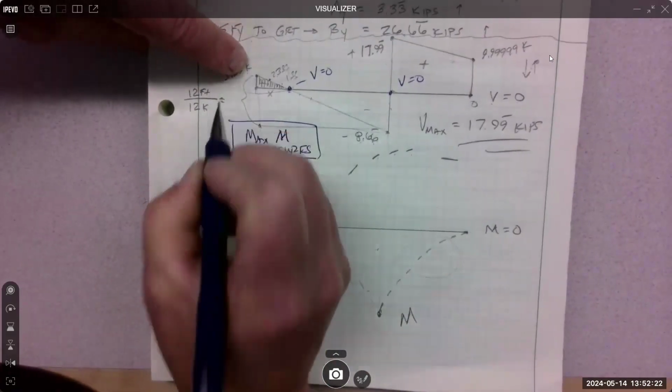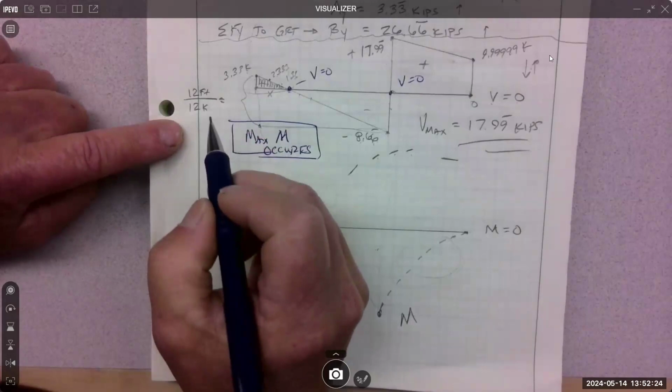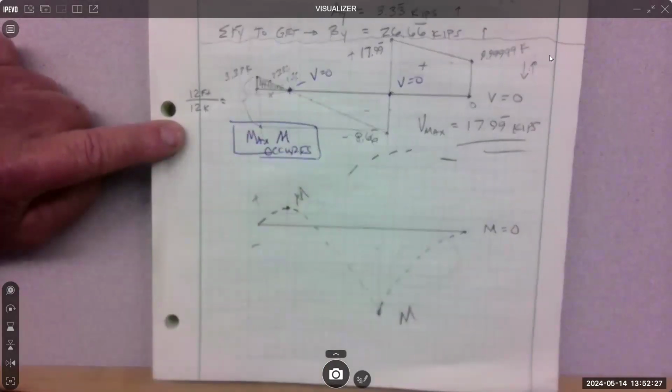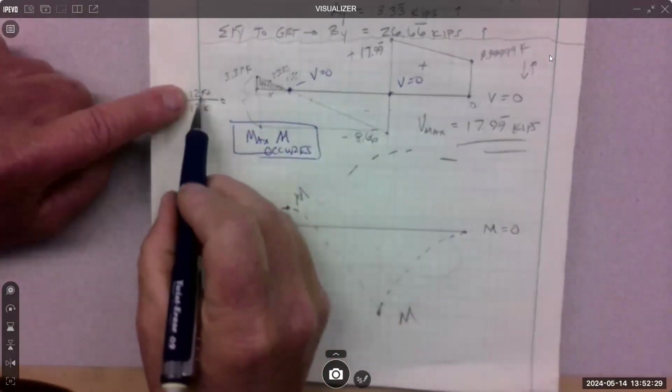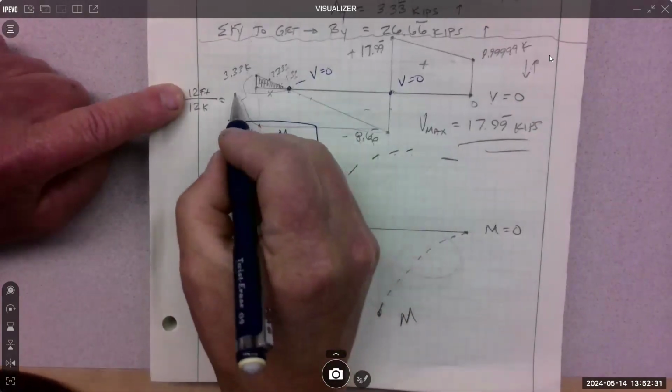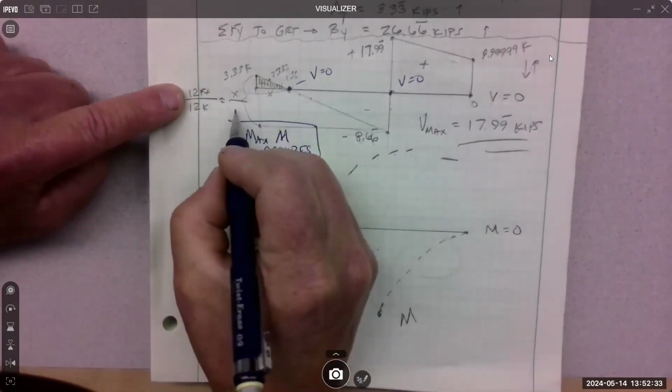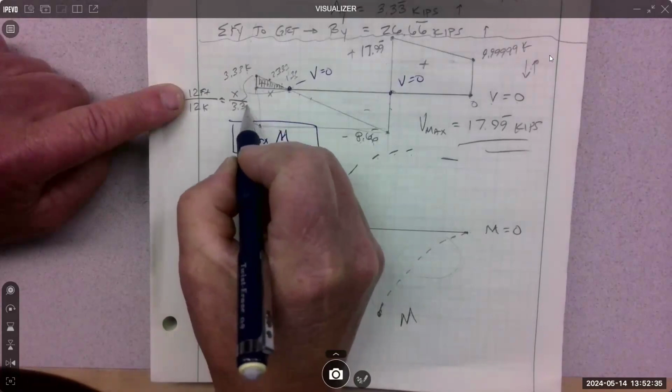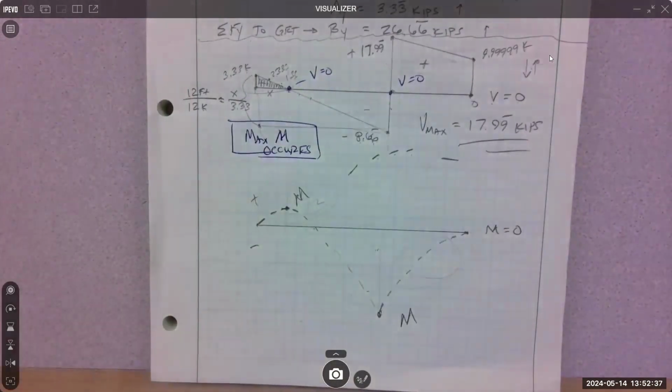That's the first triangle, and you set it equal to the second triangle, keeping the ratio the same. So the top is x, and the bottom is 3.33. That's how you do similar triangles, and you solve for x. Anyone remember that? Probably not, but now you remember it.